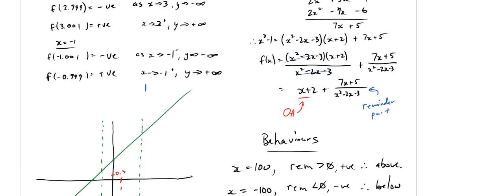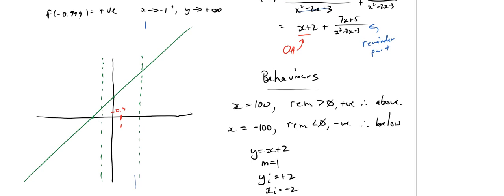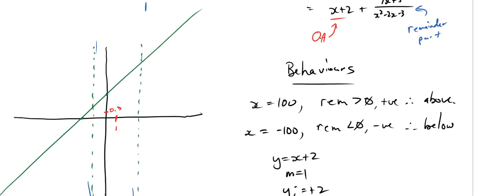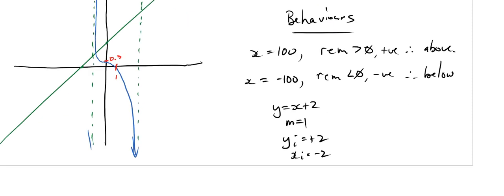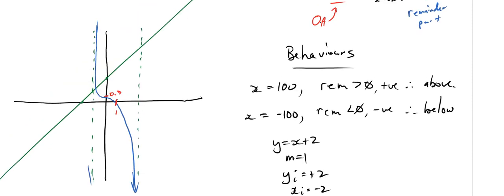As x approaches negative 1 from the left, I go to negative infinity. As x approaches negative 1 from the right, I go to positive infinity. So now I know what the middle part's going to look like. It comes down, does this funny bloop, and goes like that. Because it was approaching 1 from the left and 1 from the right, so that's how I determine that.